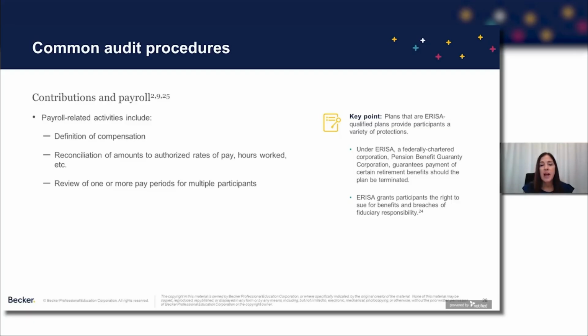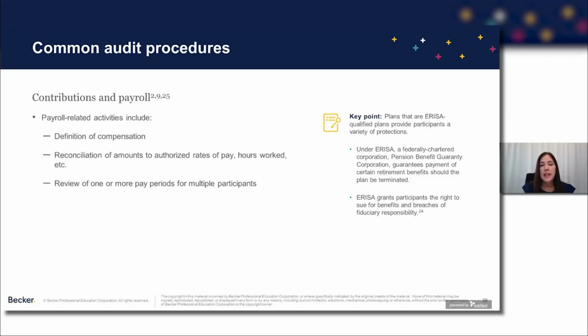Compensation can be defined, for example, as total gross wages, or you may see it defined as W-2 wages. It could be defined as gross wages excluding bonus and commission. Compensation can be defined many different ways, but we have to test to make sure that they're using that correct definition of compensation.